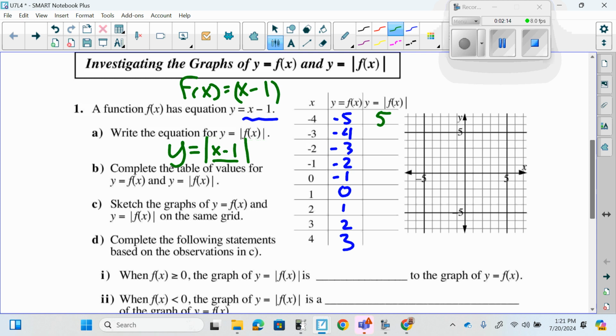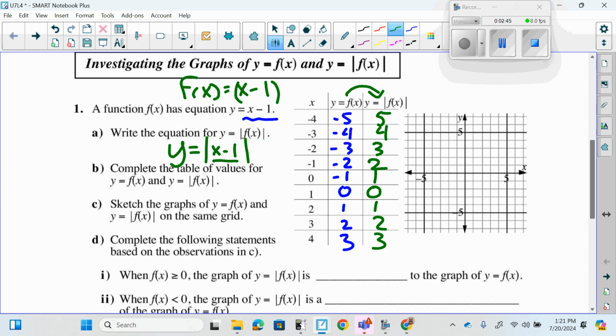Let's try this again. My brain is going faster than my mouth. -3 minus 1, that's -4. -4 absolute value is +4. All you can see is that to get from here to here, all I need to do is absolute value it, so it just becomes positive. So -3, 3. -2, 2. -1, 1. 0, 0. 1 stays positive. So 1, 2, 3. So there's that.